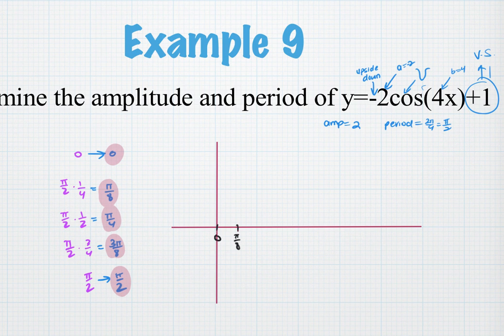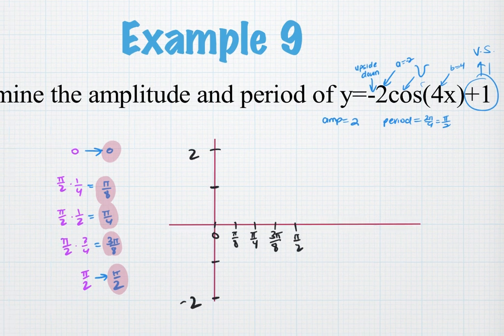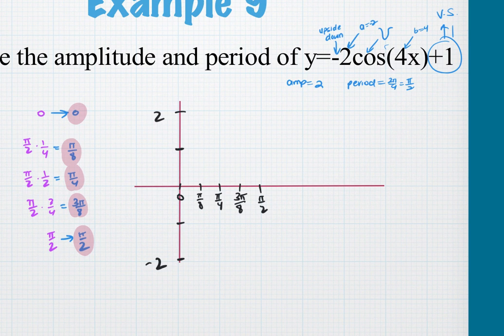0, pi over 8, pi over 4, 3 pi over 8, pi over 2, amplitude of 2. Now it's a negative cosine. Normally I'd start at 2 and come down, down, up, up.